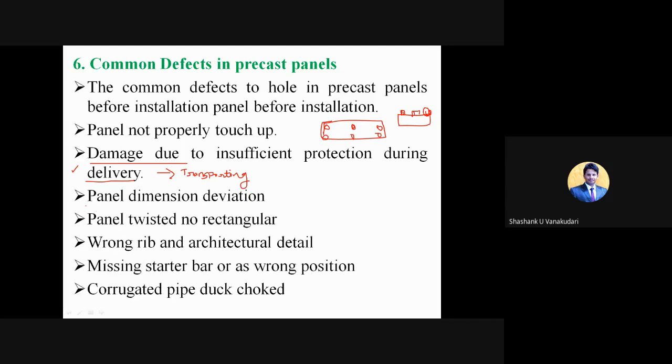And then panel dimension deviations. This one is caused by improper formwork. The formwork should be entirely rectangular in its structure, or else as per the design concept. If you place improper formwork because of poor workmanship and all, those deviations will be caused, right?